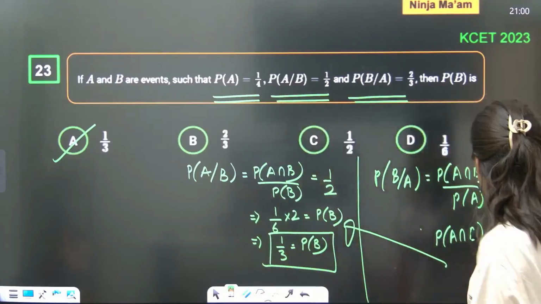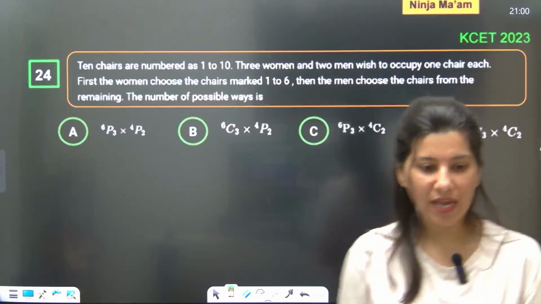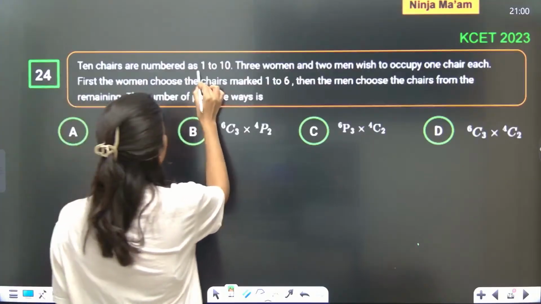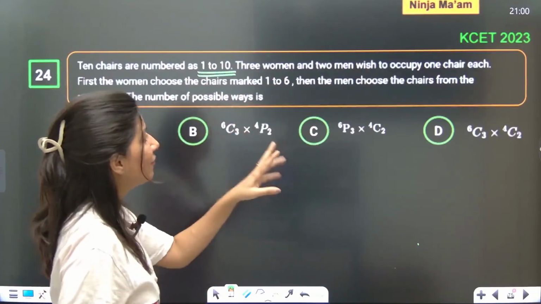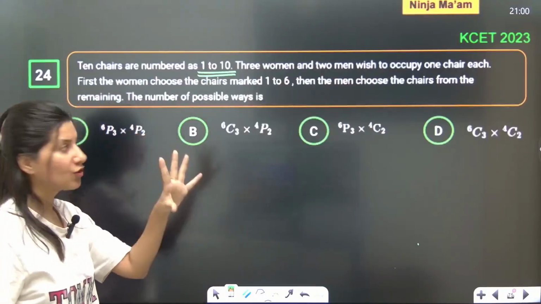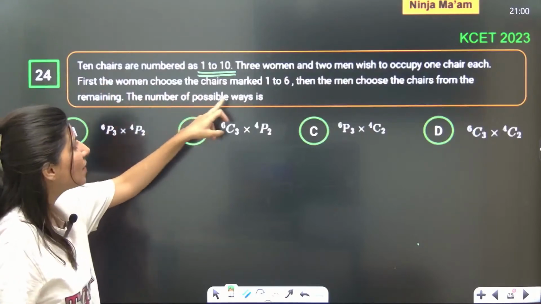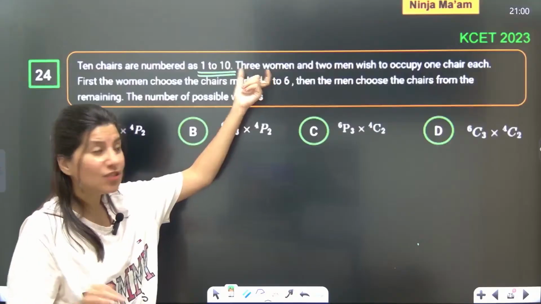All right, clear? Okay, the next question is from permutation and combination, which says 10 chairs are numbered 1 to 10. 3 women and 2 men wish to occupy 1 chair each. First the women choose the chairs. Out of these 6 chairs, I need 3 chairs for women.